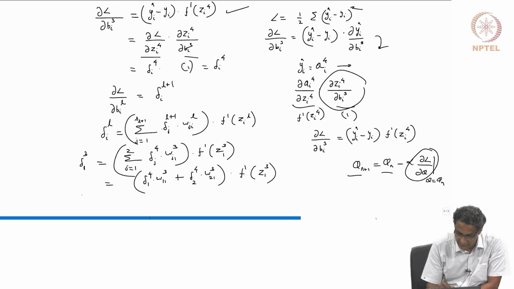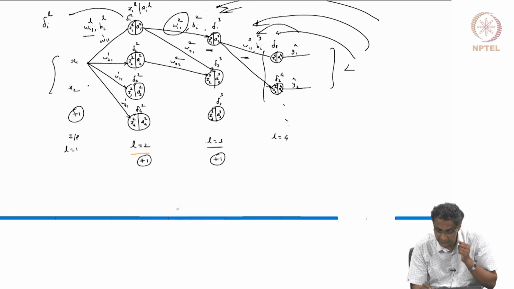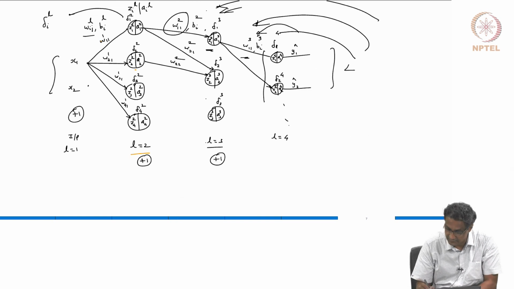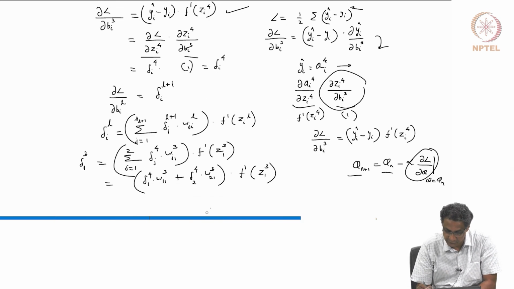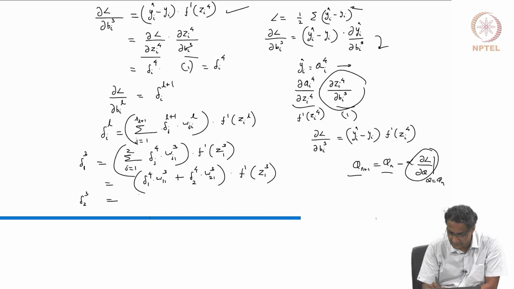Now, if you try to write down, how many deltas do we have like this in the third layer? You got 1, 2, 3, right. So let's also write the next one. Can we write delta 2 3? What do you think? Can somebody tell quickly?